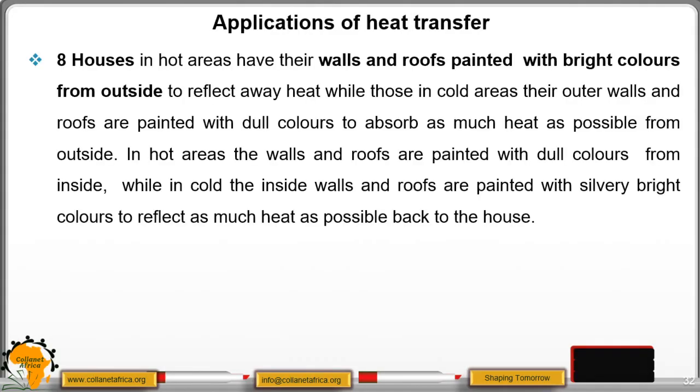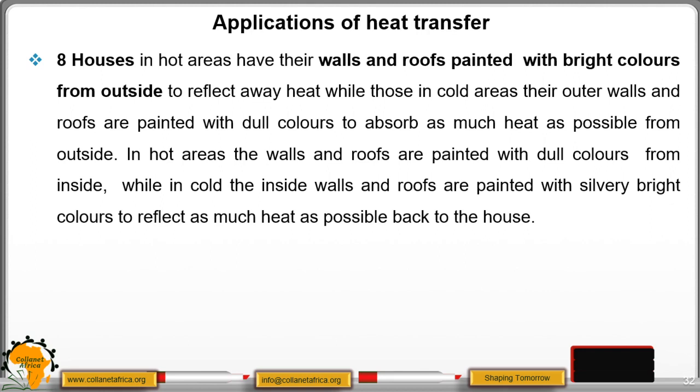Then we move to another application. Houses in hot areas have their walls and roofs painted with bright colors from outside. Why? This is to ensure that they reflect away heat, so that inside the room you can have a conducive temperature. While in cold areas, the outer walls and roofs are painted dull. This is to ensure that they absorb as much heat as possible from outside.